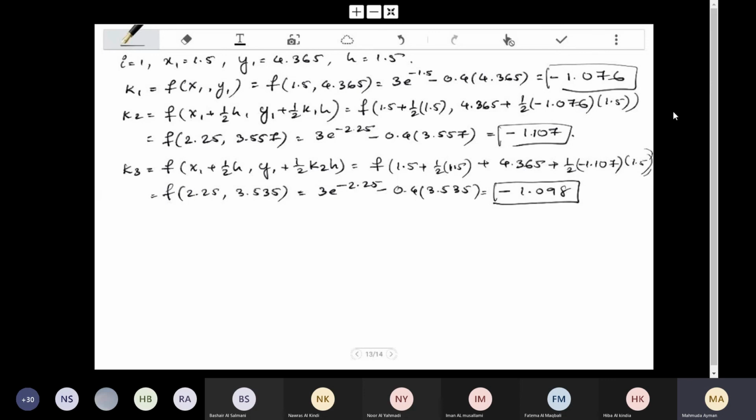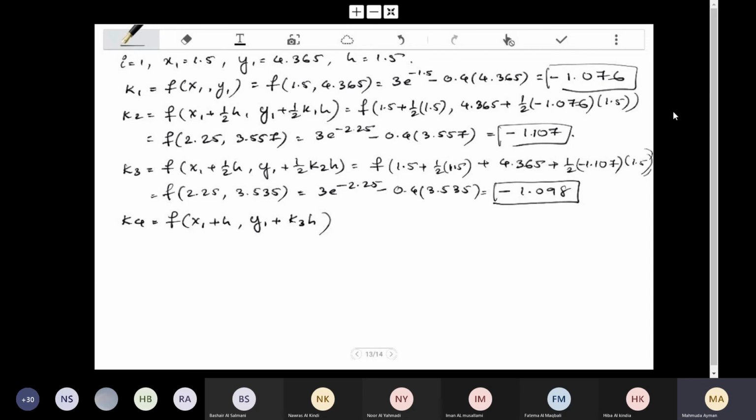Okay, now the value for K4. So I'll give you the formula, which is f of x1 plus h, comma, y1 plus k3 times h. K4 is minus 0.938. Yes, that's correct, Balkis. That's correct answer.